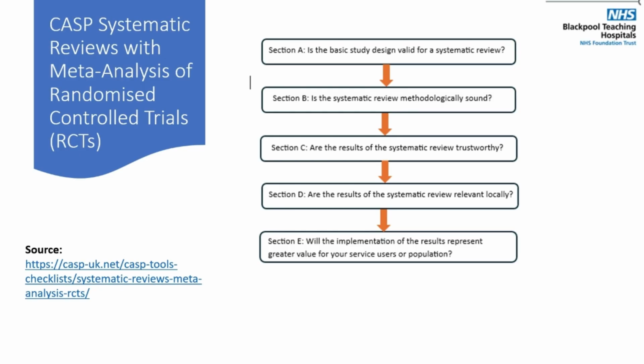Section B reviews how sound the methodology of the paper is. Section C looks at the trustworthiness of the results of the systematic review. Section D asks whether the results of the systematic review are relevant locally. And Section E asks, will the implementation of the results represent greater value to your service users or your population?